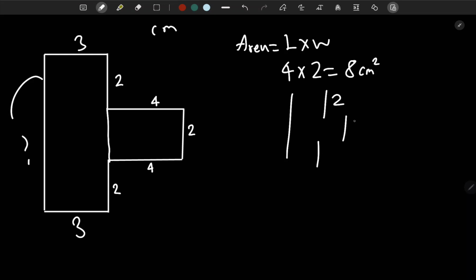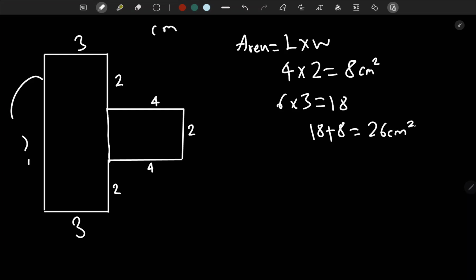If you combine all of them, you will get this line. So to find the length, it is 2 plus 2 plus 2, which is 6. So it's 6 multiplied by 3, which is 18. Now we add 18 to 8, and this is 26 centimeters squared.